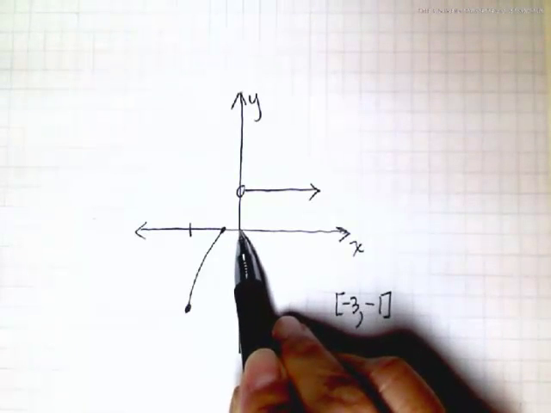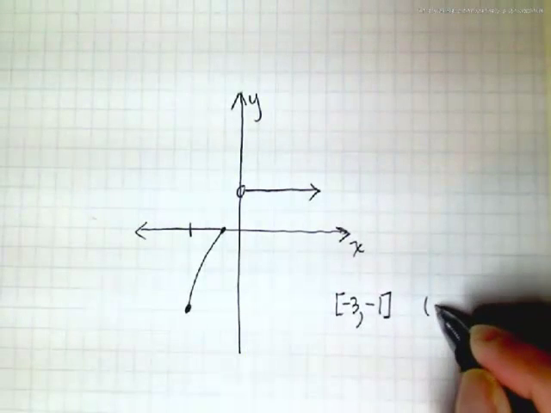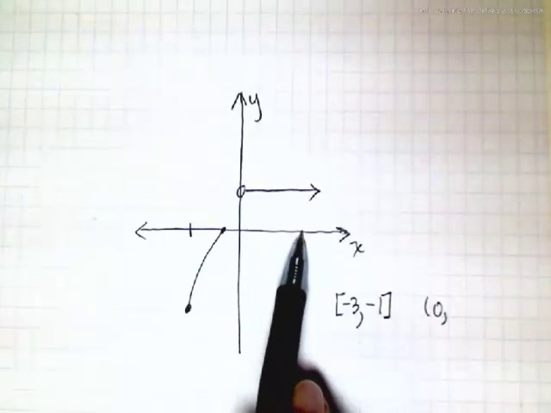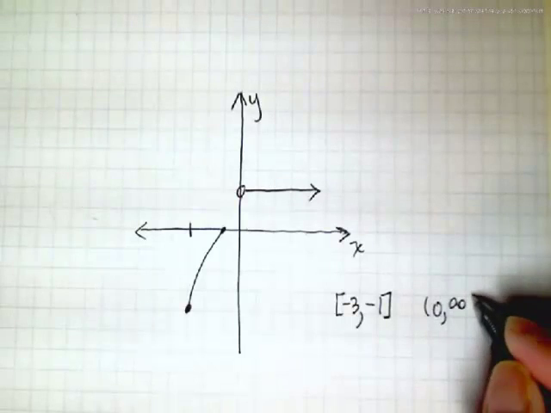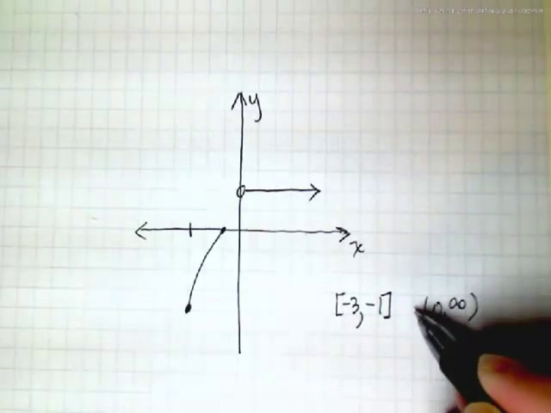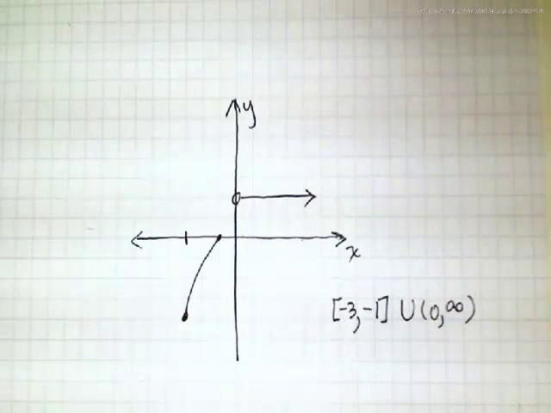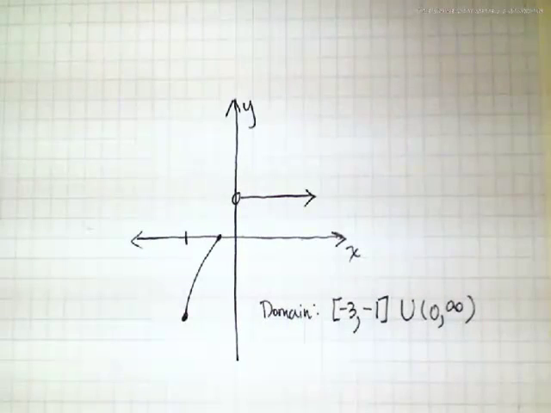Now starting at 0, but that open circle tells us not including 0. We pick back up and we go on, and this arrow indicates that we go on forever towards the right, so towards positive infinity. The way we add our intervals is we use the union. Okay, so this is my domain in this particular example.